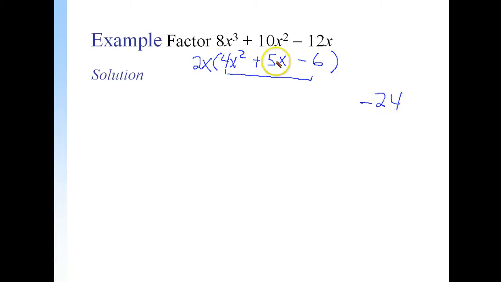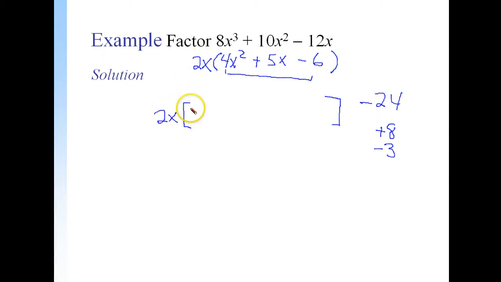So the factors that are going to give us a 5 in the middle would be 8 and 3. But this time we need a +8 and a -3. So now we're going to rewrite this, and we have to keep in mind our 2x out there. We can't lose that.